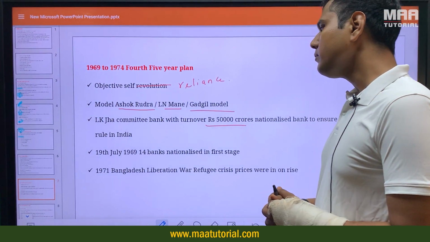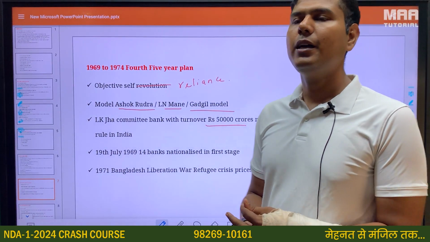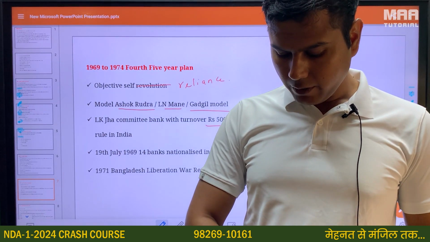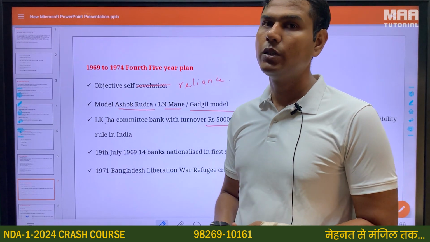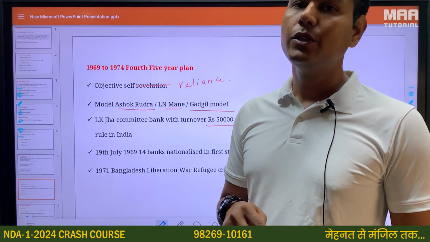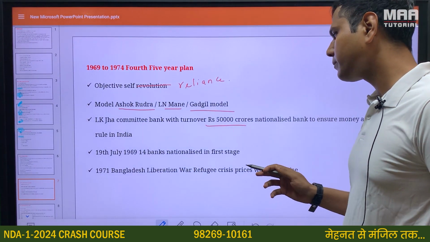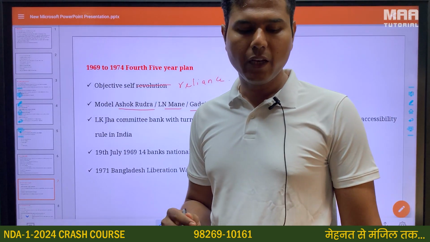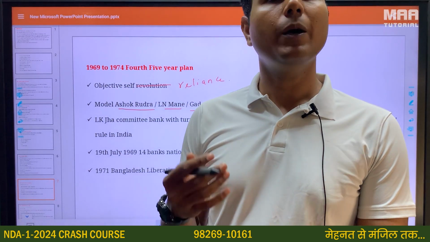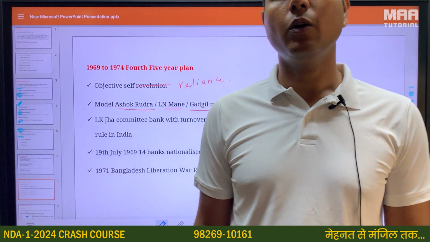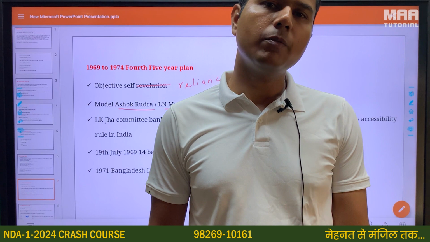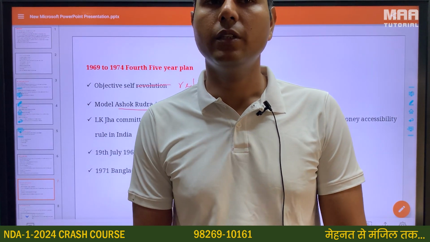So the LK Jha committee suggested that if there is a bank with a turnover of more than 50,000 crores, then this bank should be nationalized. See, there were different banks which were nationalized. The idea of nationalization is that the government would approach the private organization and say that we want to purchase you and will pay the following amount of money, and you should sell it to us.